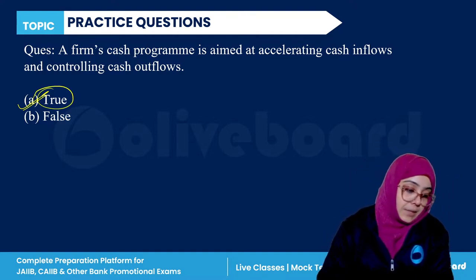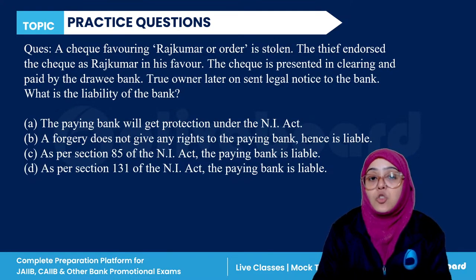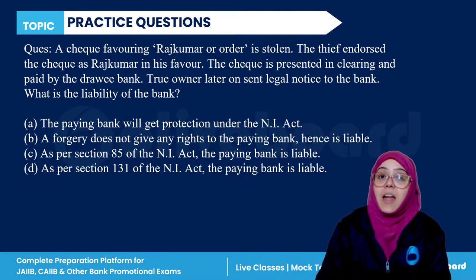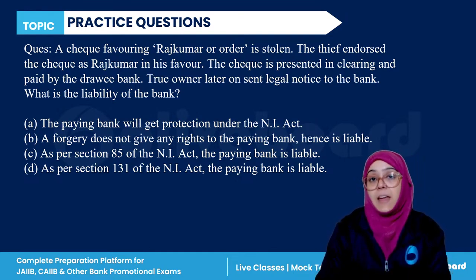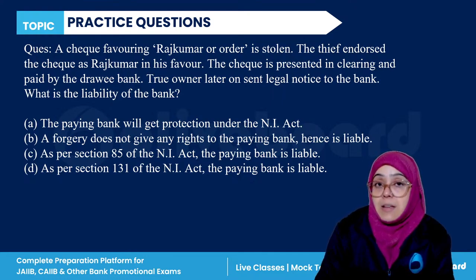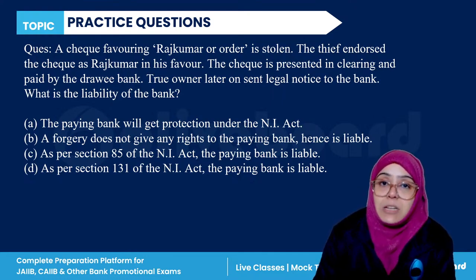Next question. A check favoring Rajkumar or order is stolen. The thief endorsed the check as Rajkumar in his favor. The check is presented in clearing and paid by the JAIIB bank. The true owner later sent a legal notice to the bank. Now, what is the liability of the bank?